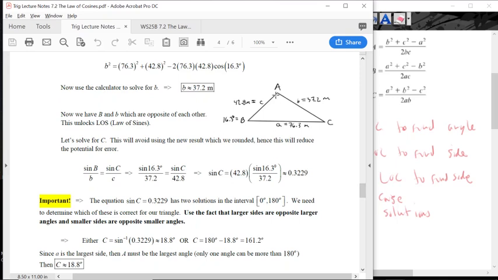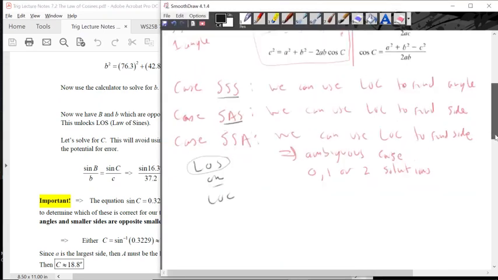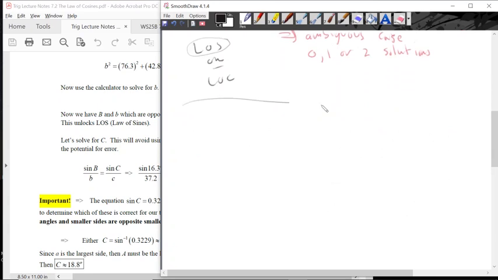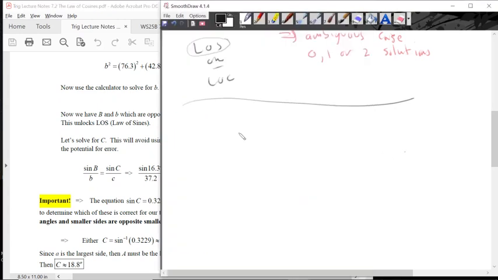Now, you could have set up the law of sines to solve for angle A. If we had set it up to solve for angle A, let's take a look at what that would have looked like. Why I mention that is because, again, angle A is going to be the largest of the three angles. So let's set it up that way. This is from the notes, not from the worksheet.